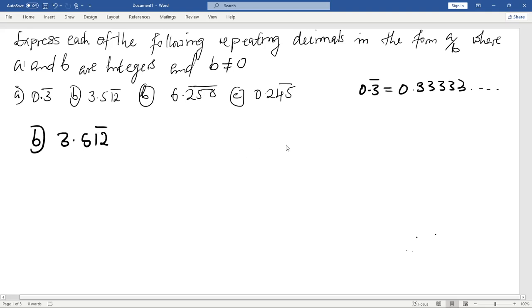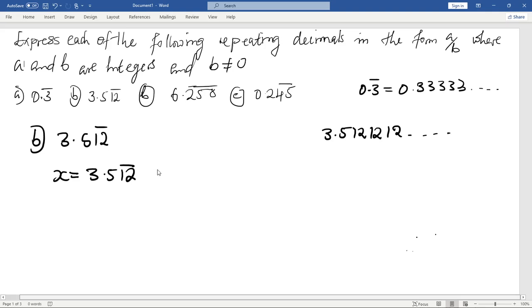This number is the same as 3.51212 like this, so the repeating decimals are simply 1, 2, 1, 2 like that. So let x be equal to 3.512 bar. Now we need to move this point until it reaches the point before the repeating decimals.